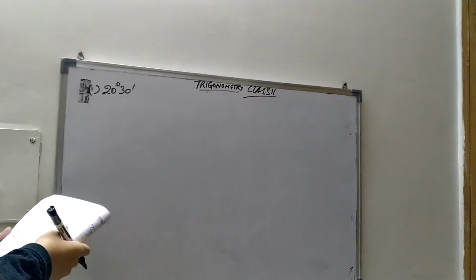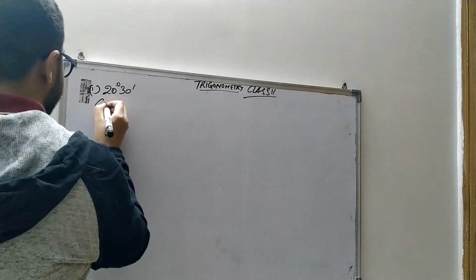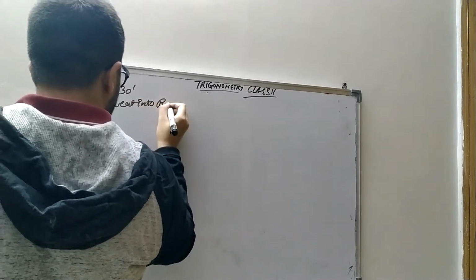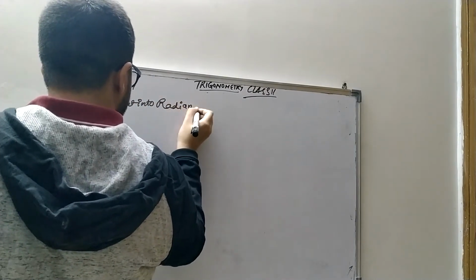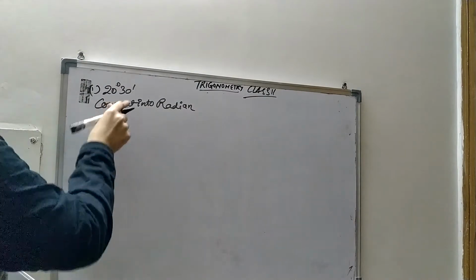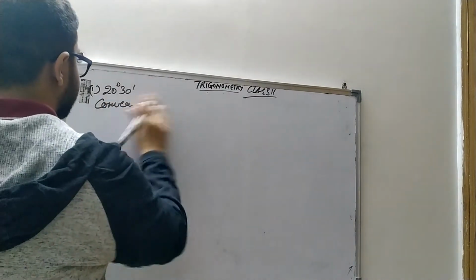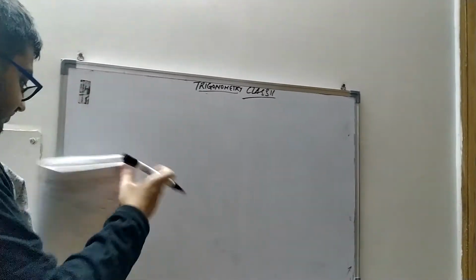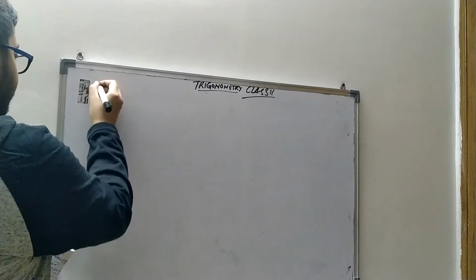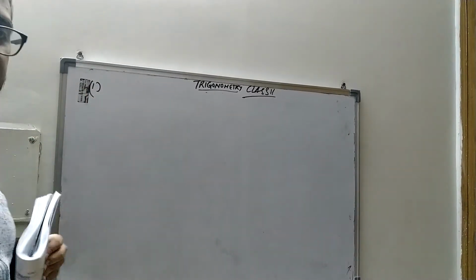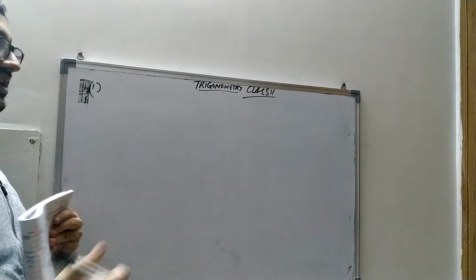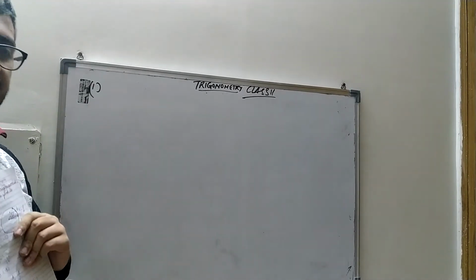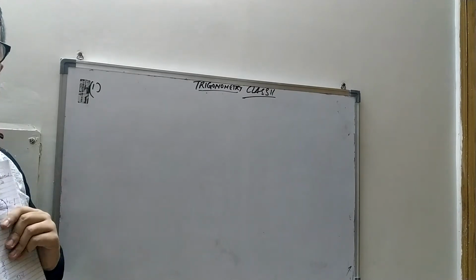Basically we have to convert this into radians. Before starting the application of this formula, I want to tell you how we convert degrees into radians and radians into degrees.